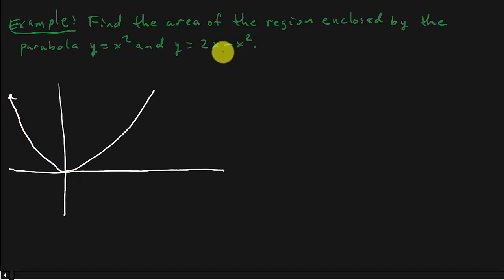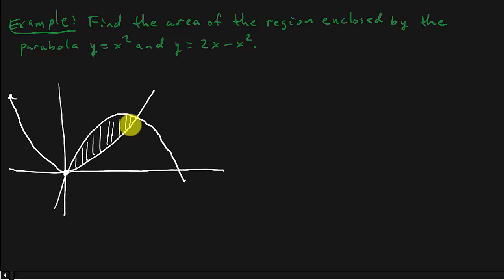And now this graph, 2x minus x squared, that's a parabola that opens down. Notice the negative in front of this x squared term. So we know it opens down, and we know it's going to go through this point 0, 0, because if I plug 0 in for x, I get 0 for y. And so it's going to be a graph that looks something like this. And I'm looking for this area right here.